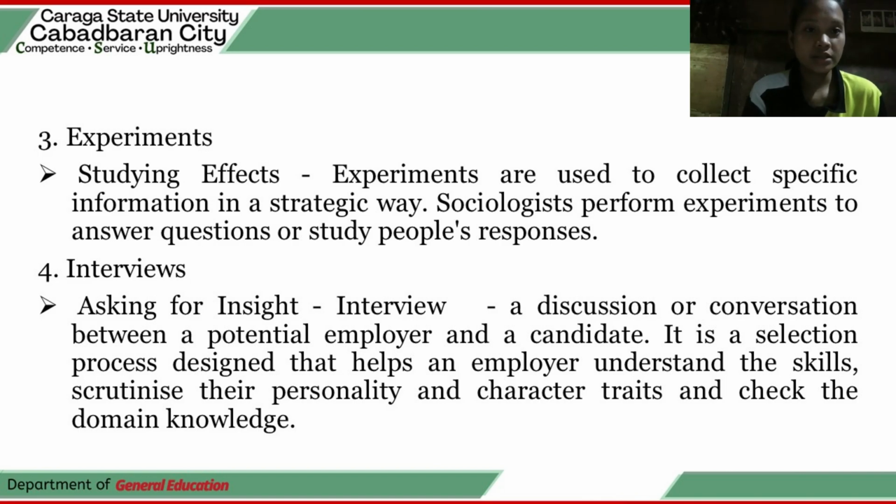Experiments study people by controlling the variables and aim to test a hypothesis by identifying cause and effect, which are the independent variables and the dependent variables. In addition, experiments usually involve an experimental group and a control group. To make it short, experimental groups are exposed to something new while the control group is not.